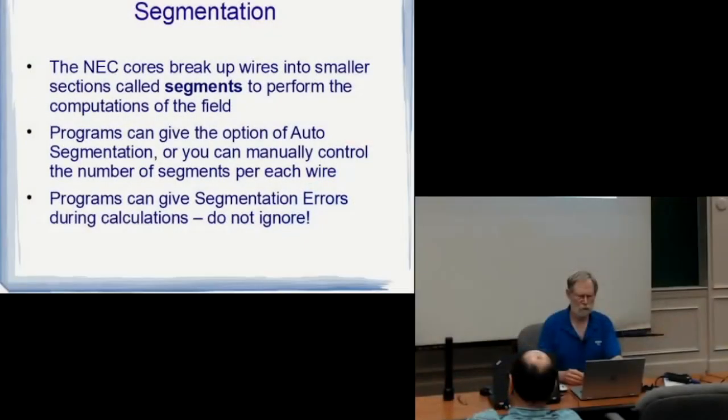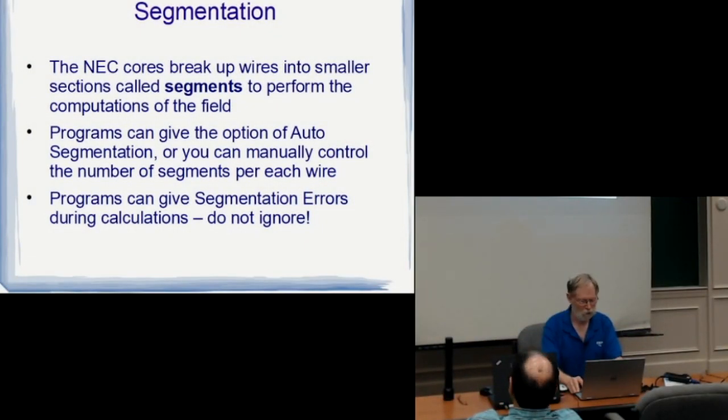Or if you have 4NEC2 and too many segments, it may take too long, and you may get impatient, or maybe your computer will run out of memory. So you don't want to just say, oh, I'm going to put 10,000 segments in and not worry about it. You sort of have to manage the number of segments if you don't do it automatically.